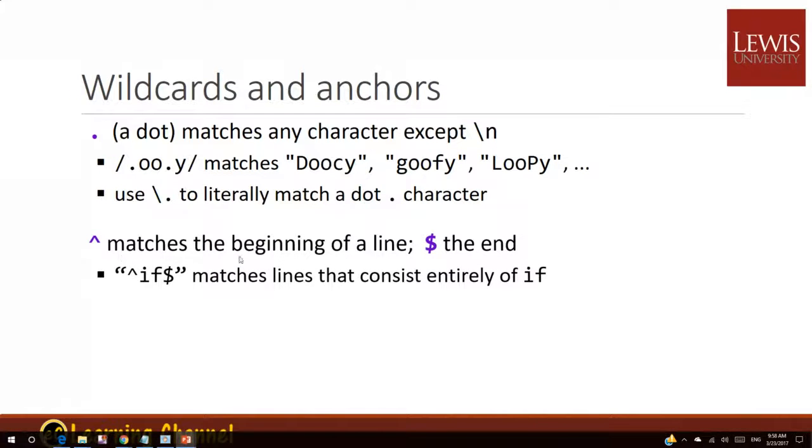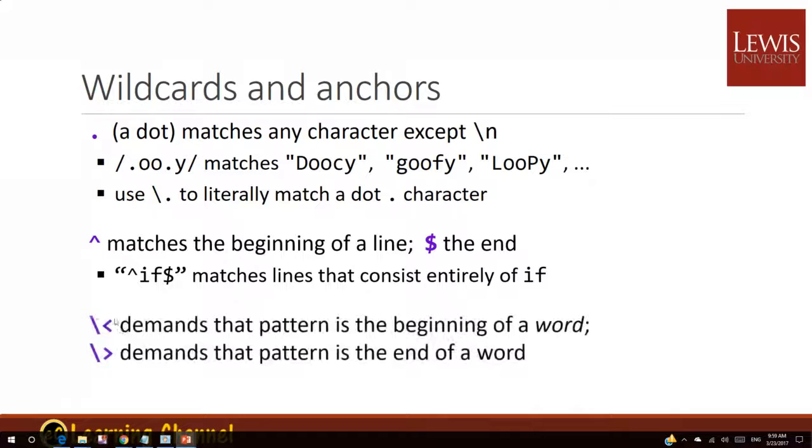Caret means the beginning of a line. Dollar sign marks the end. So right here, we match lines that consist entirely of if. This is the start of the line, the end of the line, and the whole line only has one if. We are trying to find lines with such an expression.